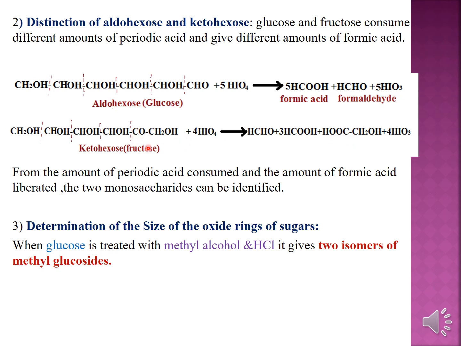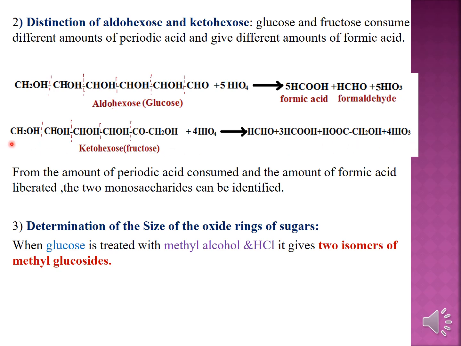The COCH2OH is getting converted into COOH, and the 3 CHOH are getting converted into formic acid, and this CH2OH is getting converted into formaldehyde, with the liberation of 4 HIO3.